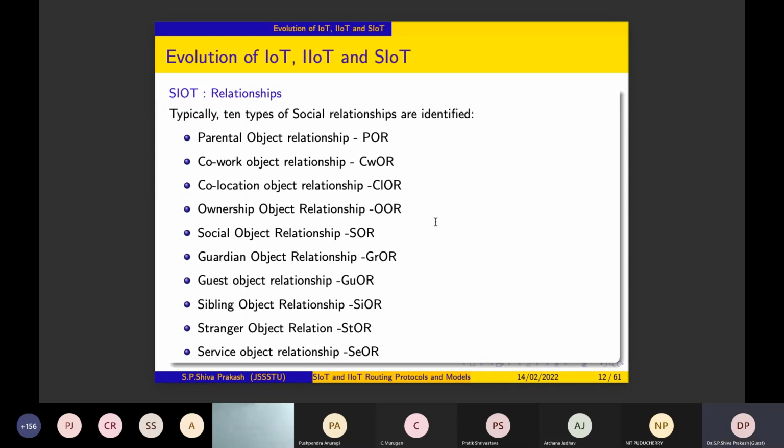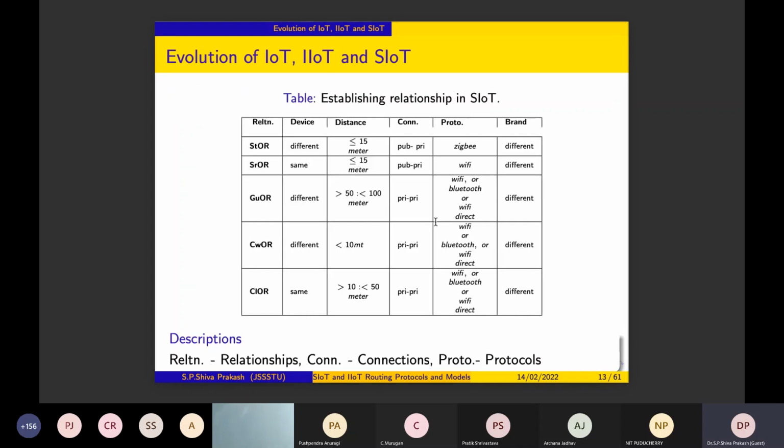If you look into the different types: parent-object relationship, co-work object, co-location, owner object, social object, guardian object, guest object, sibling object, stranger object, and service object.